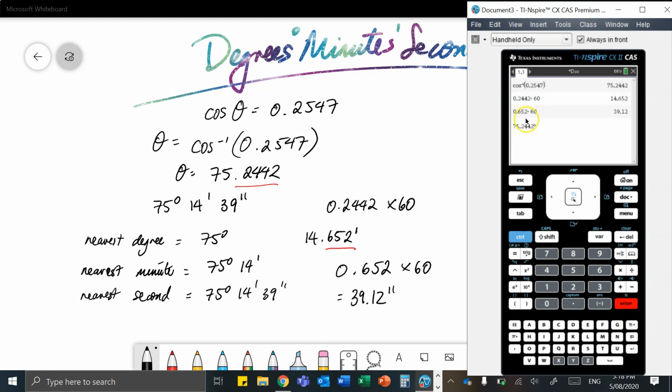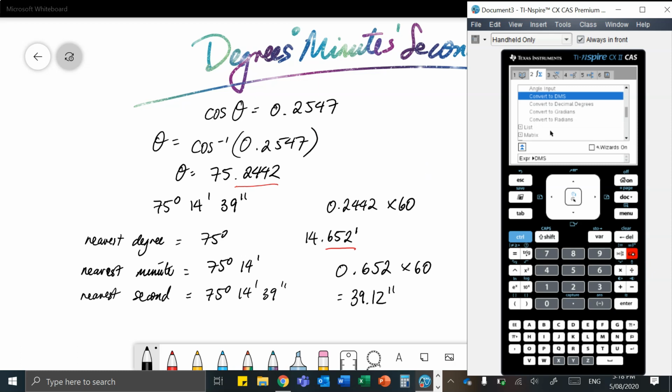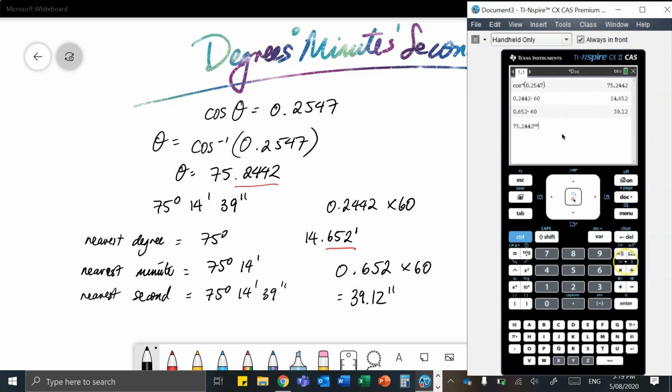Now we've got the degrees in decimal form, but we want to convert that into DMS form. So you'd go into angle, degrees, and you can put the symbol in there that way as well.